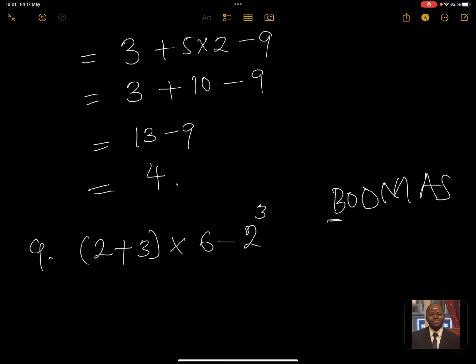We should always start with the brackets. So the bracket here is the first thing we can see. So we have to deal with what is in the bracket. Dealing with this bracket means 2 plus 3. 2 plus 3 gives what? 5. And then the bracket will disappear. Then multiply by 6 minus 2 to the power 3.